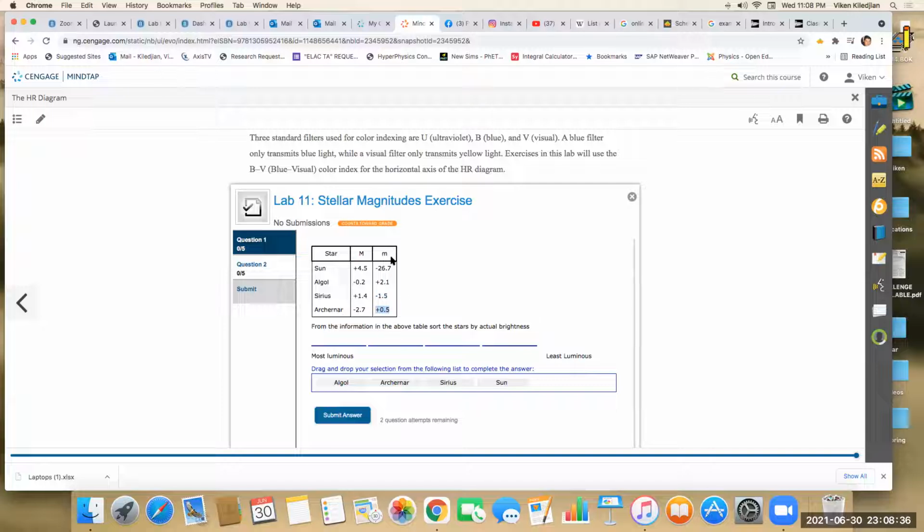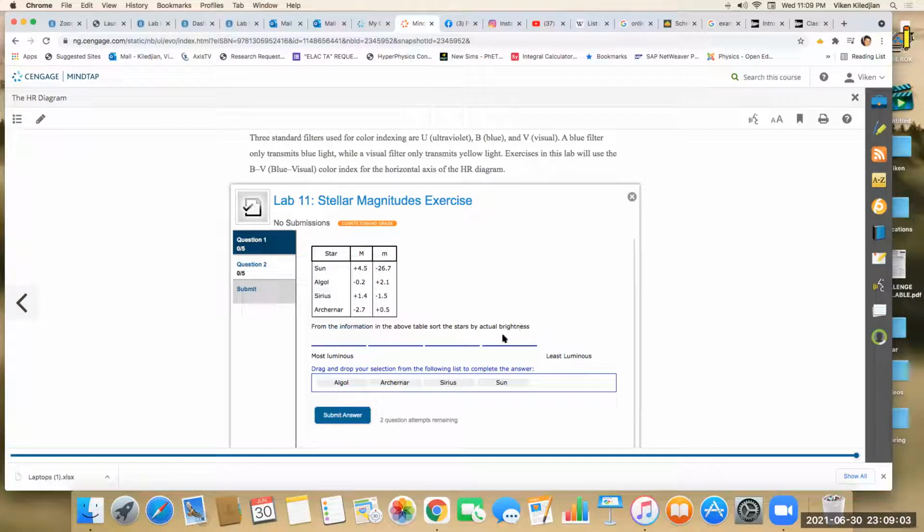So the apparent brightness depends not only on how bright the star actually is, but also on how far away the star is from us, you see. So the apparent brightness and the absolute brightness are connected, but the apparent brightness also depends on its distance from us. So here it says, from the information in the above table, sort the stars by actual brightness.